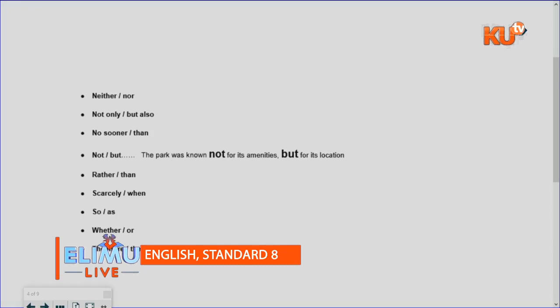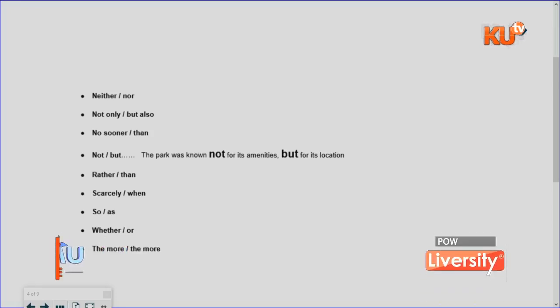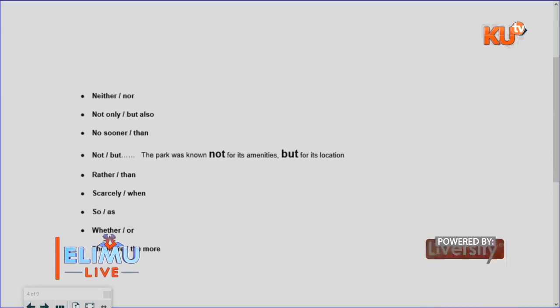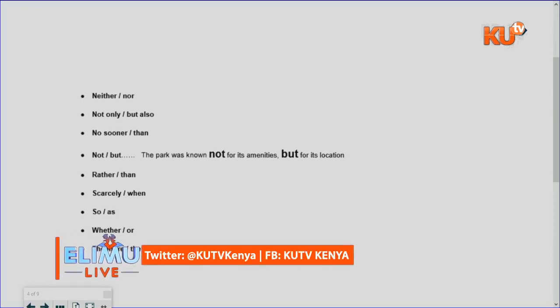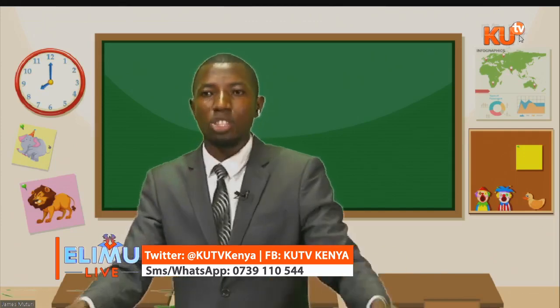I have talked about this before, and I said that the subordinative conjunctions, actually there are very many, but I'll find time also to go through them. I cannot go through all of them, but they lie under the subordinative conjunctions, which are quite a number. The most common type and the easy type is the coordinating conjunctions.